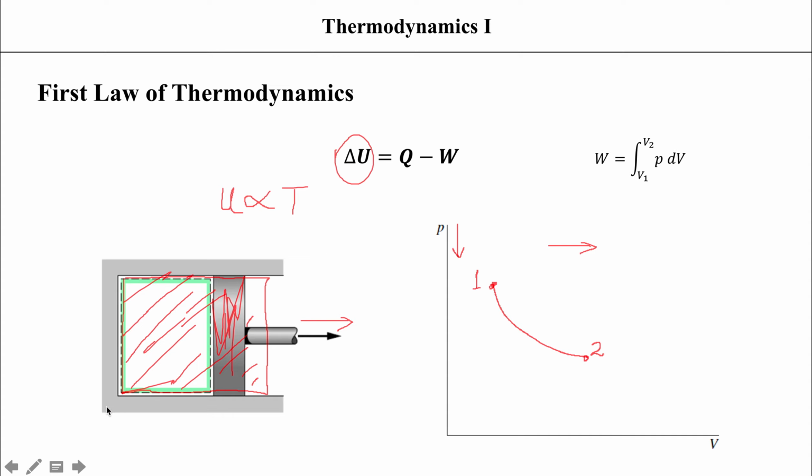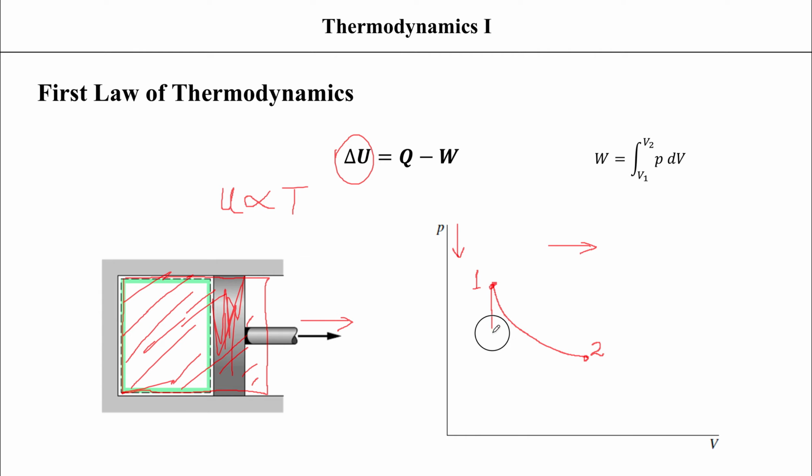And now we also need to look at this expression, because when we're talking about thermodynamics, and especially when we're looking at this piston cylinder arrangement, we've arrived from state 1 to state 2, we've completed this process.